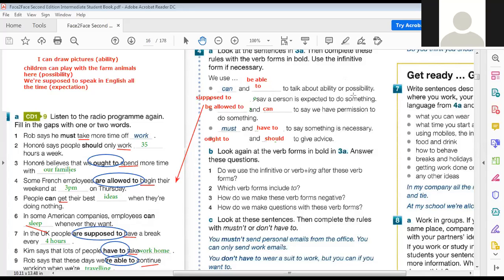But if you see number 2, Horner says people should only work 35 hours a week. Maybe I don't know, but I can try.